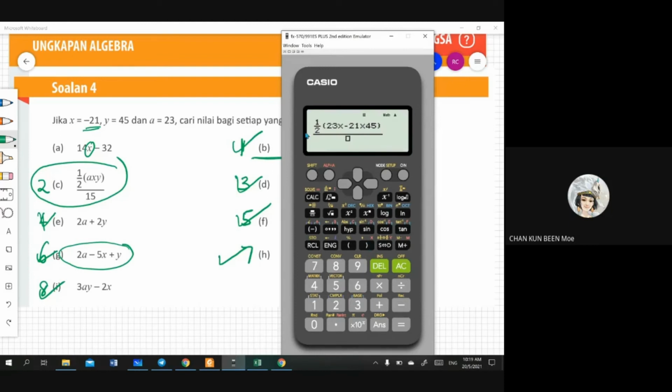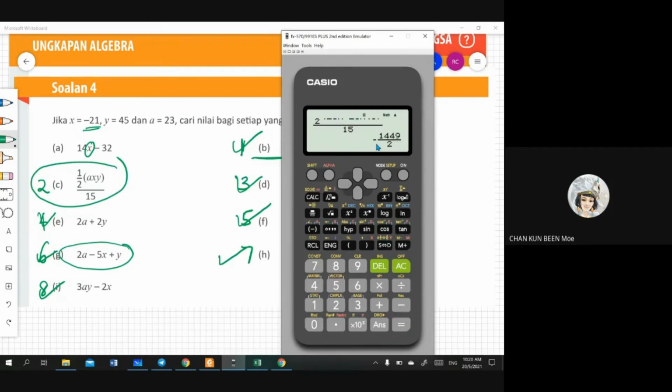So we have done for the numerator on top. And then we are going to insert for the denominator. So you press the down arrow button. Replace it with number 15. Press 15. Then you press the equal sign.